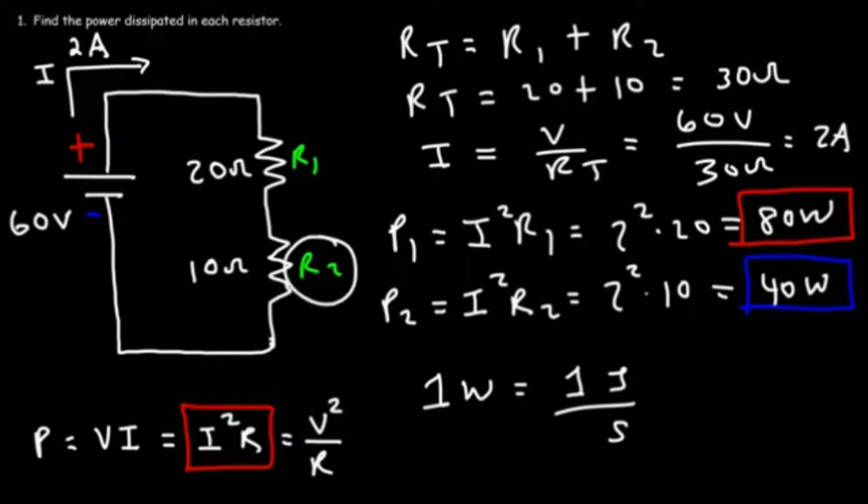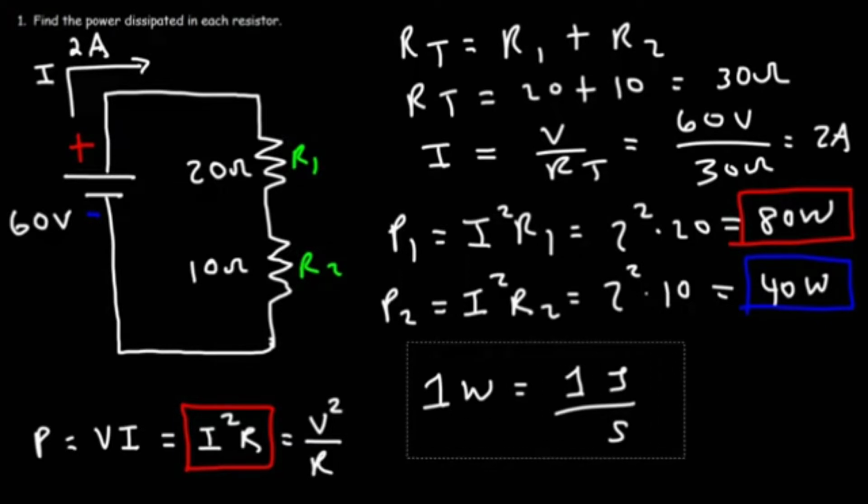So R2, this resistor, is converting 40 joules of electrical energy into heat every second. R1 is converting 80 joules of electrical energy into heat every second. So in 10 seconds, it converts 800 joules of electrical energy into thermal energy. So that's the basic idea behind power dissipation.